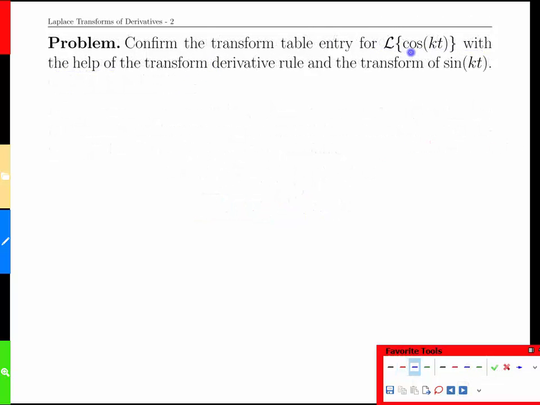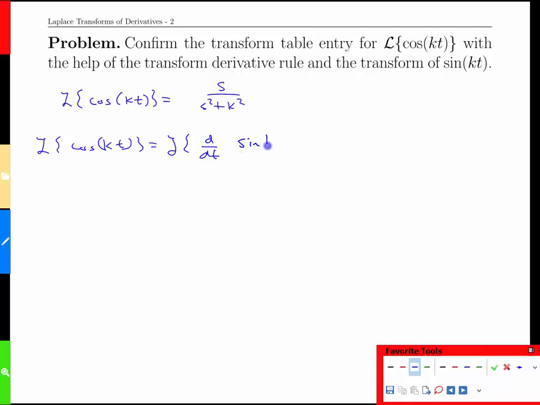As a quick confirmation of that derivative rule, we can look up in our table and see that the transform of cos of kt is s over s squared plus k squared. However, we should also be able to use that derivative rule. If we take the Laplace transform of cos of kt, and remind ourselves that cos of kt is also equal to the derivative of sine of kt, well, not quite.